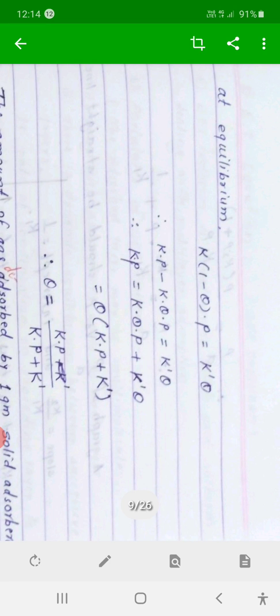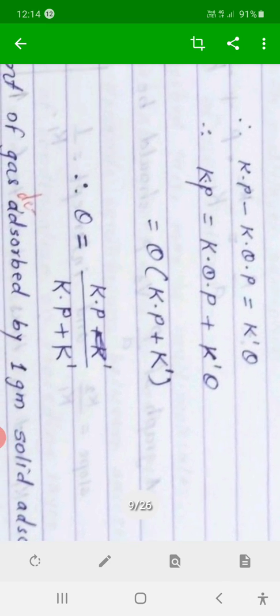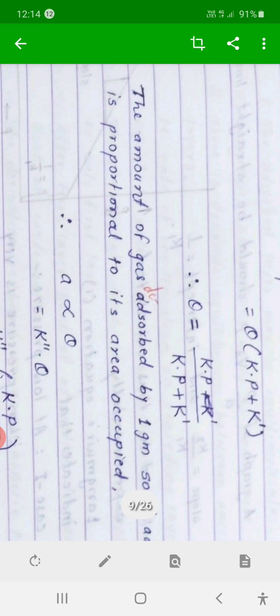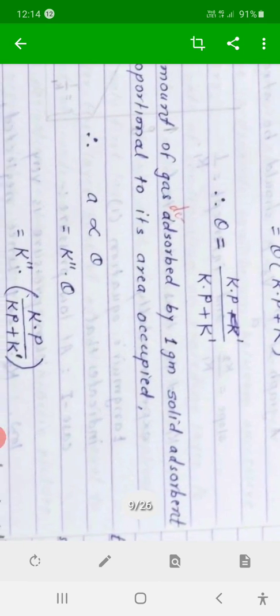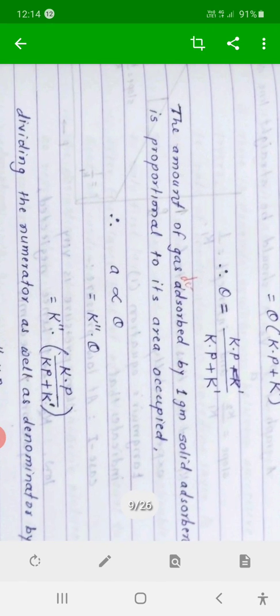By rearranging and solving this equation, we get Q is equal to Kp upon Kp plus K dash. The amount of gas adsorbed by 1 gram of solid adsorbent is proportional to the area occupied.